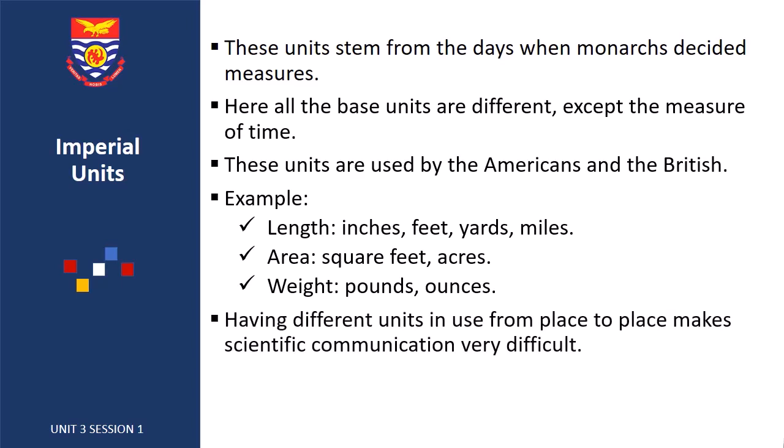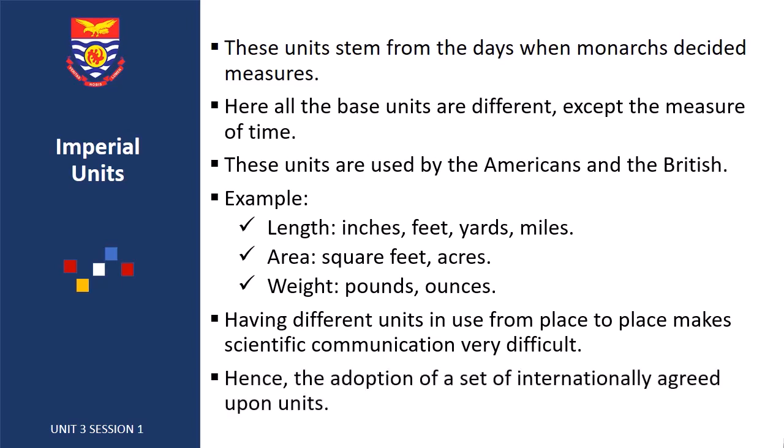But if we are using these units, scientific communication is going to be very difficult because different units will be used at different places. And for that reason, we adopt the set of internationally agreed upon units, which is the SI unit.